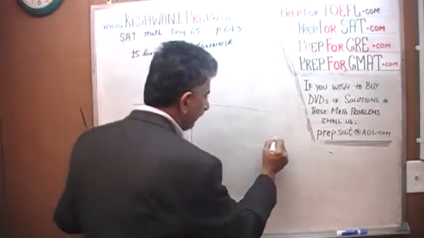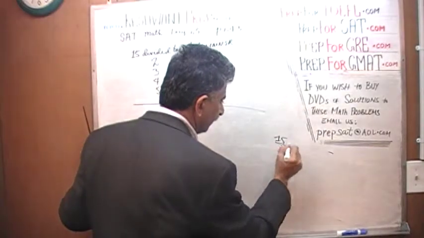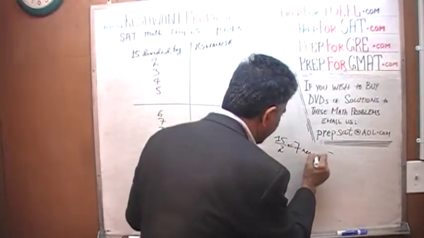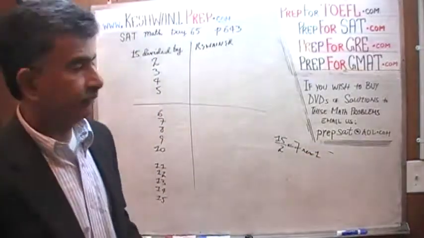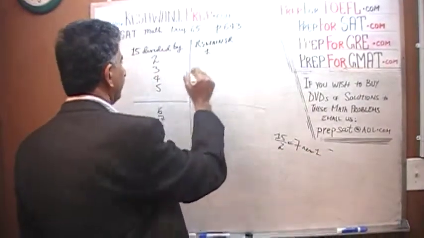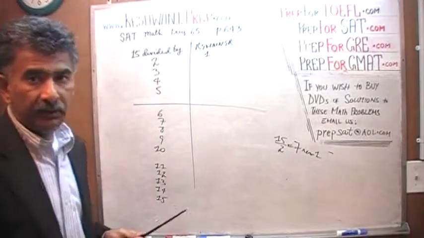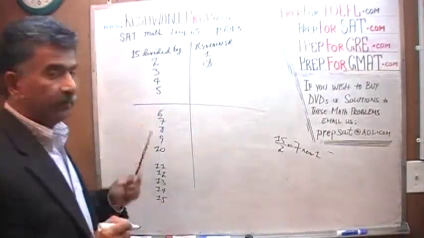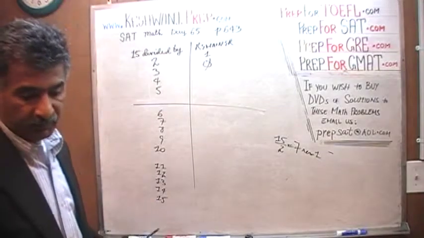If you divide 15 by 2, 15 goes into 2 seven times with a remainder of 1, or 7.5. So the remainder is 1. 15 divided by 3 divides evenly, the remainder is 0. What happens when you divide 15 by 4?